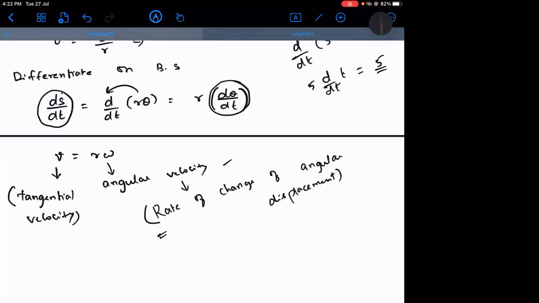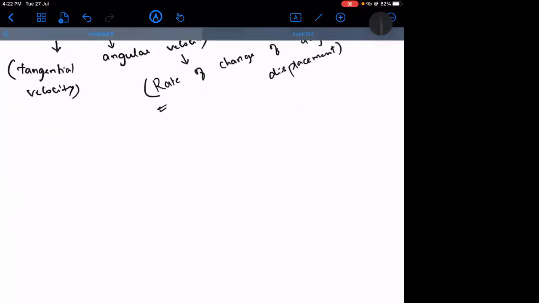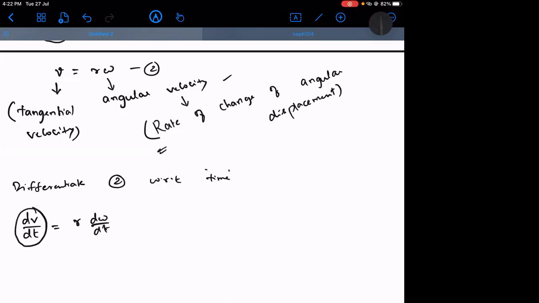Now the question is, if you differentiate the second equation with respect to time, then what will happen, guys? We'll get angular acceleration. dv by dt is equal to r into d omega by dt. What is dv by dt called?